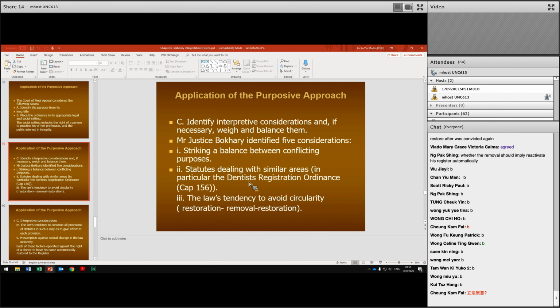So we have to refer to the Dentists Registration Ordinance. Usually they will have the same purpose or similar purpose. Okay. So number three, the law's tendency to avoid circularity. This one is quite difficult to understand. Can you guess what it means? The law's tendency to avoid circularity. What does it mean?